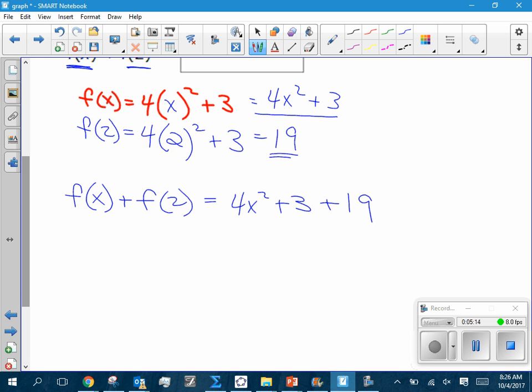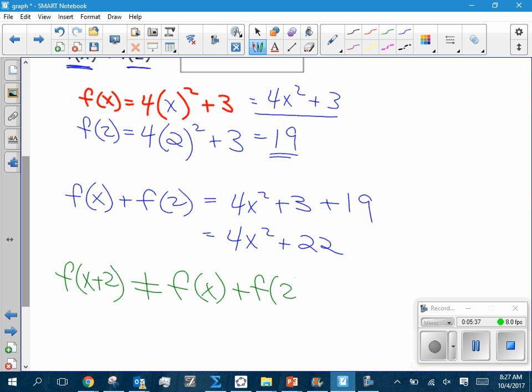So we add those together, and we get 4x squared plus 22. All right. And the reason they ask you with this question is because they want you to recognize, and they don't necessarily ask this at the end, but they want you to recognize that f of x plus 2 does not equal f of x plus f of 2. Does that make sense? Okay.